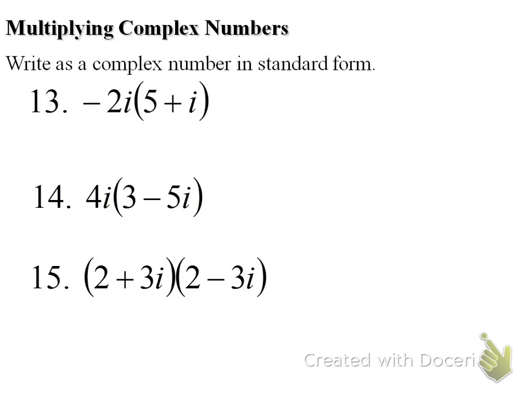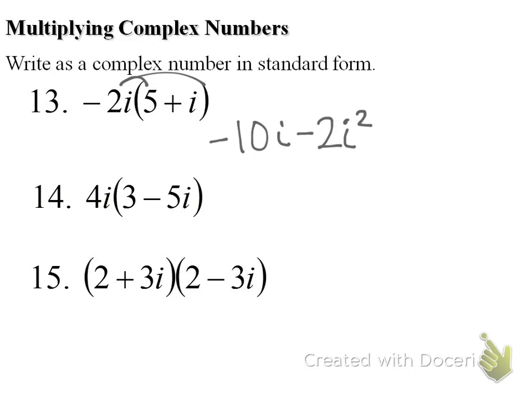Again, we're going to treat I basically like we treat all other variables except for the last step. So negative 2i times 5, negative 10i. What's negative 2i times I? Good.